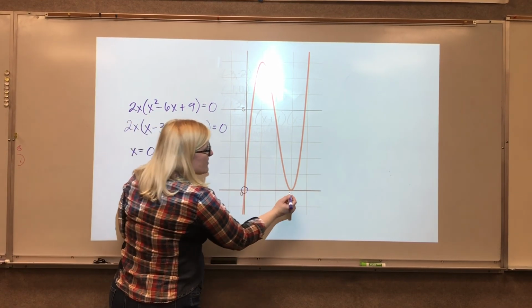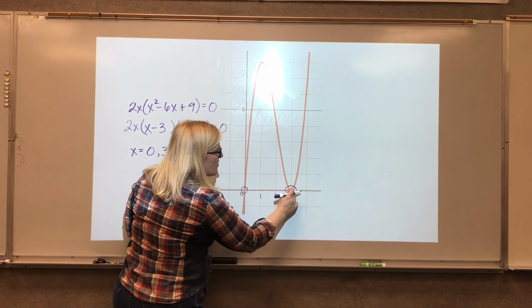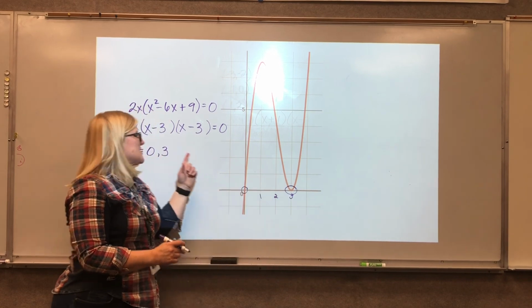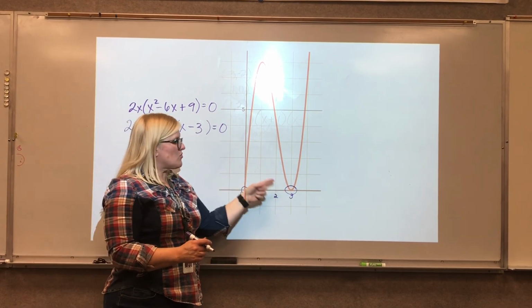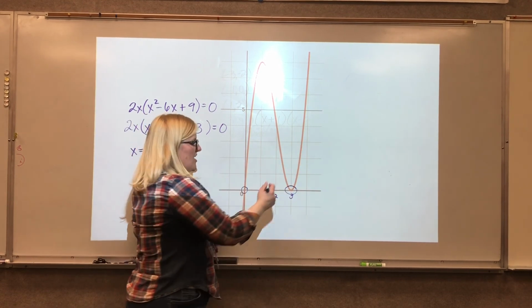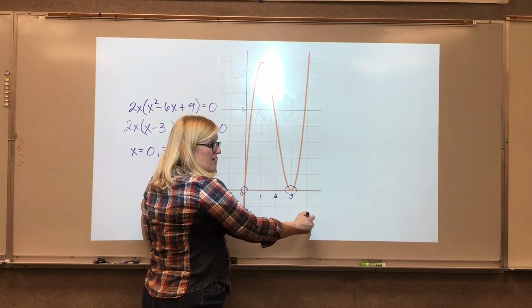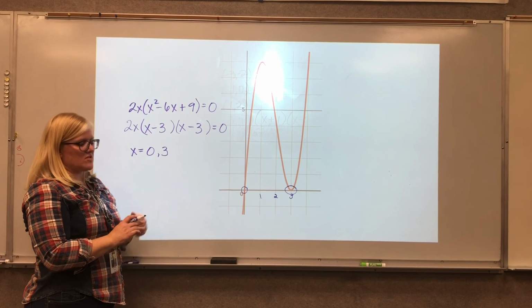There's 0, this is 1, 2, and 3. Okay, so there's 3. But what I want to show you is when we have duplicates like this, when we have 2, it means that it bounces off. It does not go through 3. It bounces off. Okay, so 2 means that it bounces off.